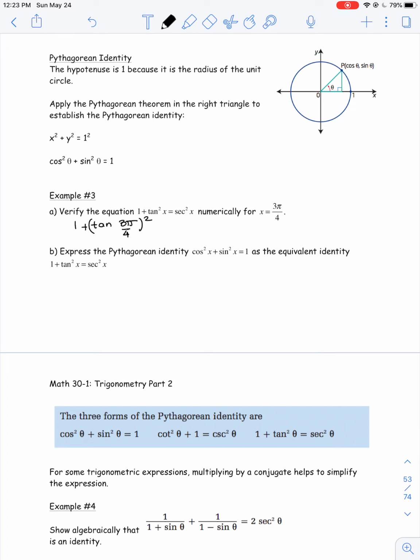That just means the whole answer is going to be squared whenever you see that. And we're saying, is it equal to secant, which is the same as saying 1 over cos, so we can replace that: 1 over cos of 3 pi over 4.